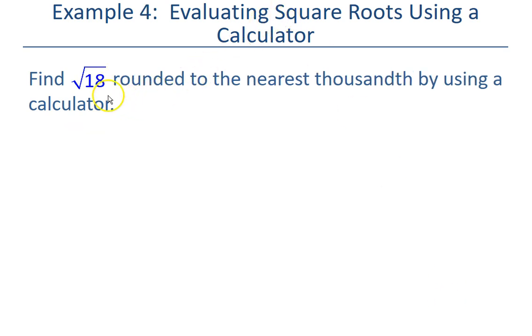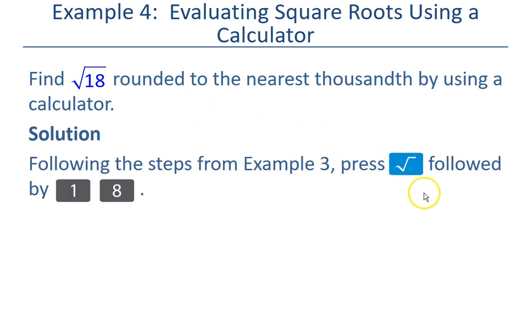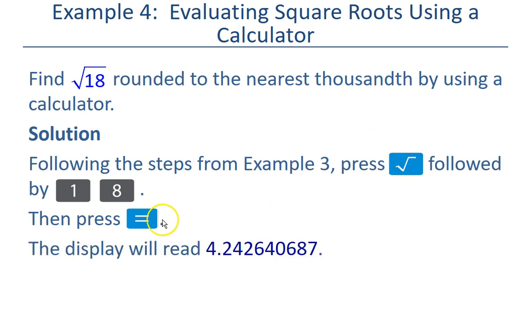Again, try this now. If you have a calculator handy, you're going to put the radical sign, 18, and then hit enter. Enter is the equal sign, and you get this. And again, they want to round it to the nearest thousands. So we go here, 1, 2, 3 places.